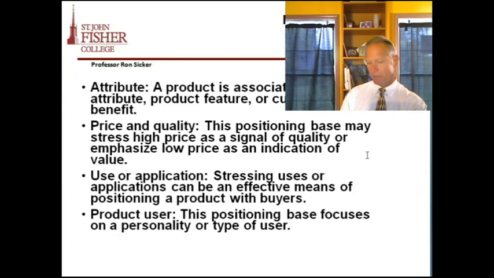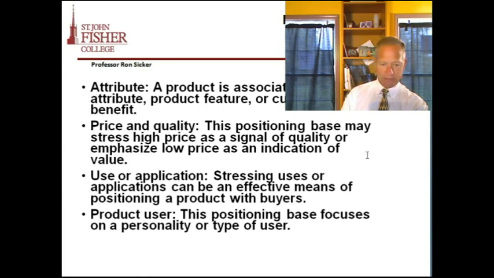You can find good quality with good price out there. I think Champion has excellent quality with a competitive price, whereas I do think Nike has good quality, but it's a much higher price. Same thing with Under Armour, and I think Champion competes as well in quality with a very competitive price. You can also position it with use or application.